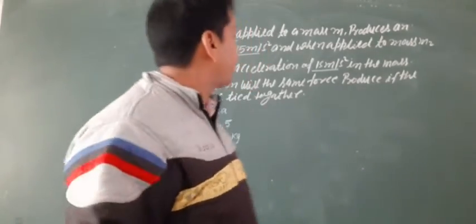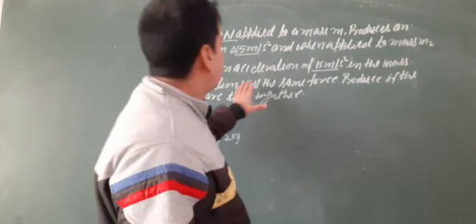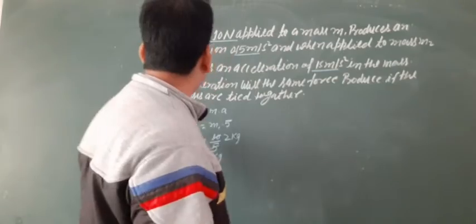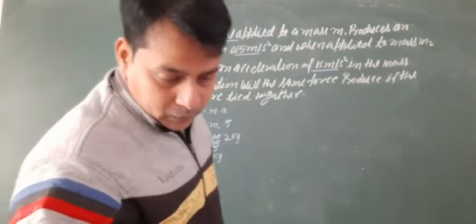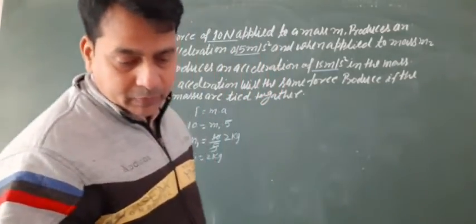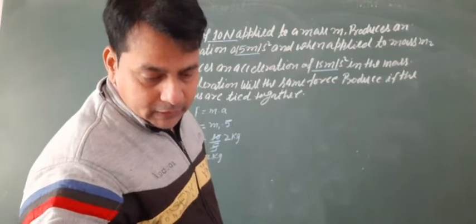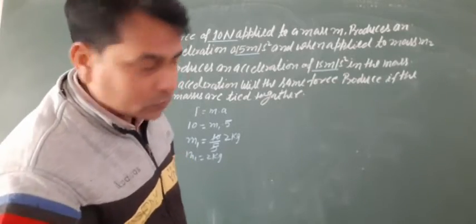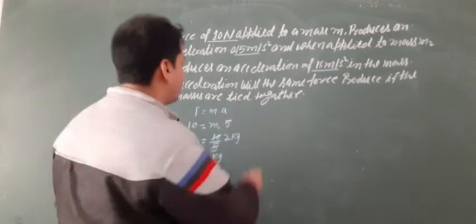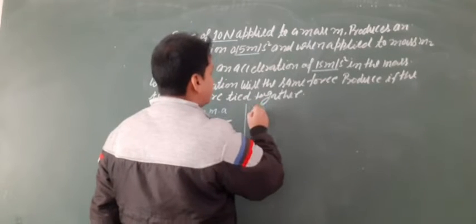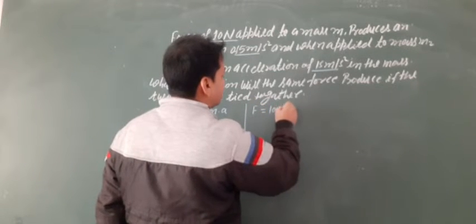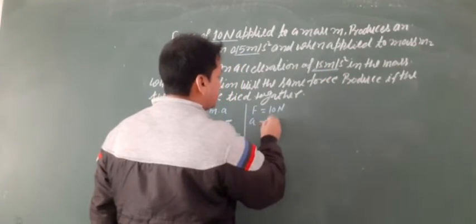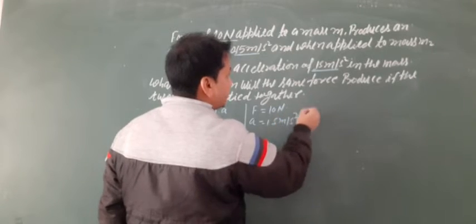And the next, an acceleration of 15 meter per second square for the mass m2. What acceleration will the same force produce if the two masses are tied together? So here it is clear that the same force means F equals 10 Newton and the acceleration, a equals 15 meter per second square.